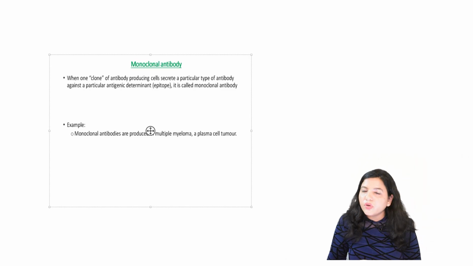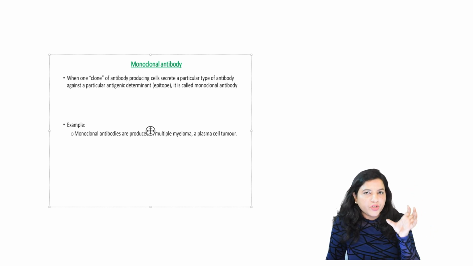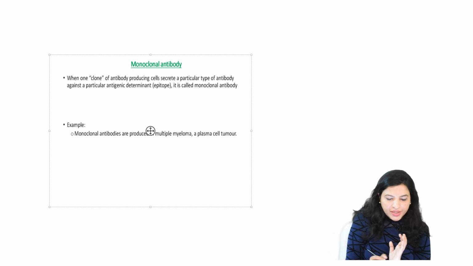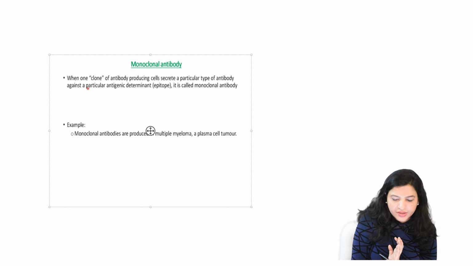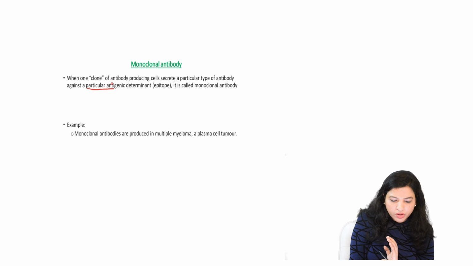Now what is a monoclonal antibody? In a monoclonal antibody, only one clone of antibody producing cells is secreting antibodies.